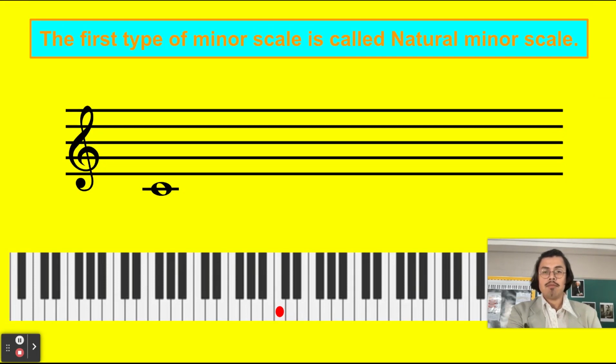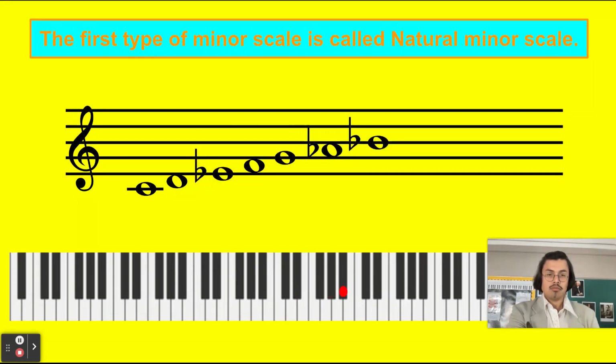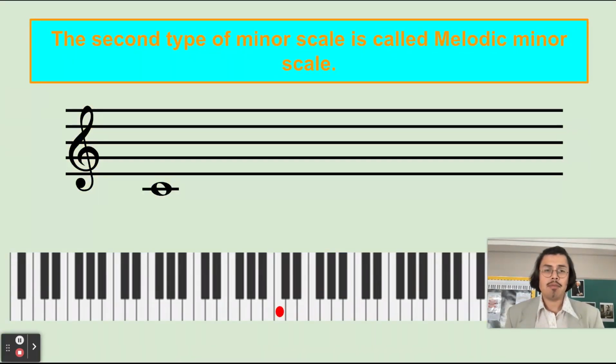So, the first type of minor scale is called natural minor scale. Okay, that's what it sounds like. The second type of minor scale is called the melodic minor scale. Here we go.